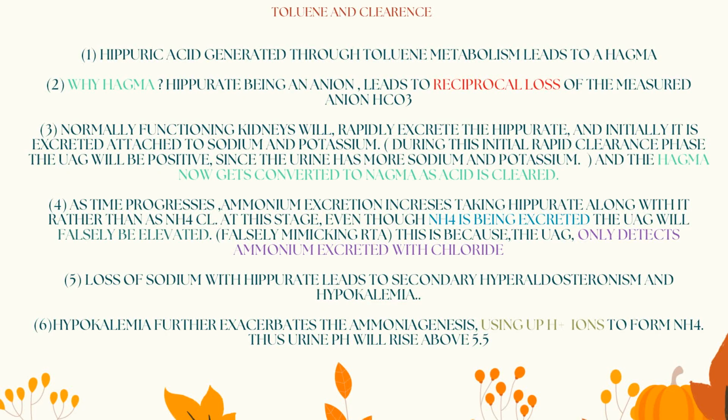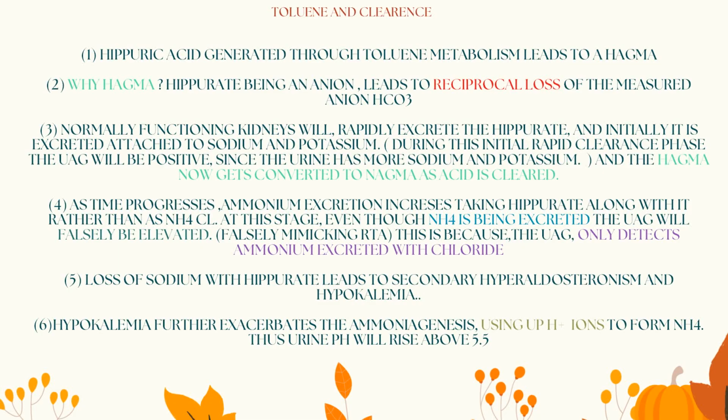So you have a urinary anion gap which is falsely elevated even though ammonium is being excreted. It is because of this reason that the urinary osmolar gap would become very useful in toluene intoxication.